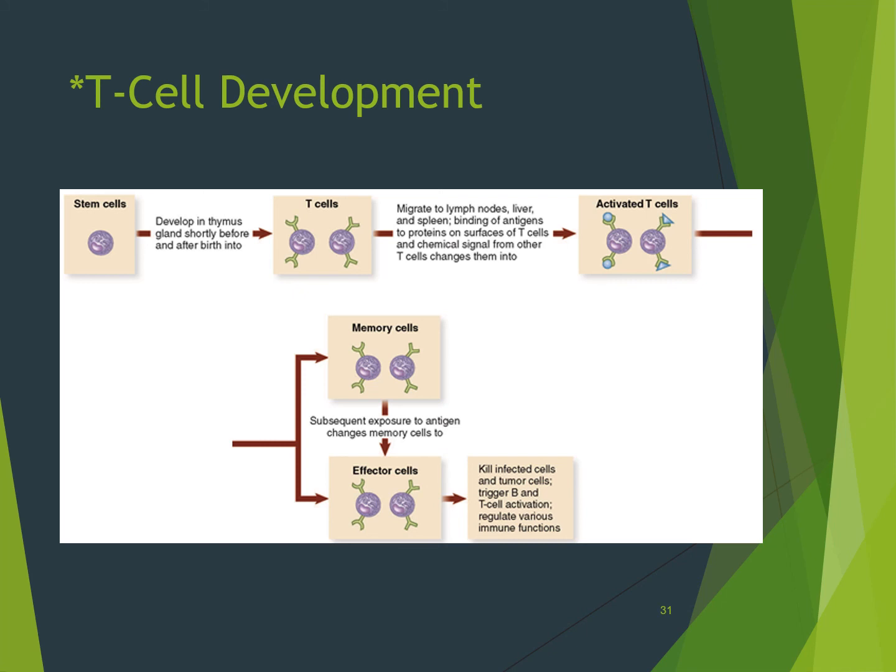Helper T cells release those cytokines that chemically communicate to T cells and to B cells to tell them to activate and attack. And lastly, the regulatory cells are really important because they're the ones that shut down the immune response, so you don't get an overactive or an inappropriate immune response.